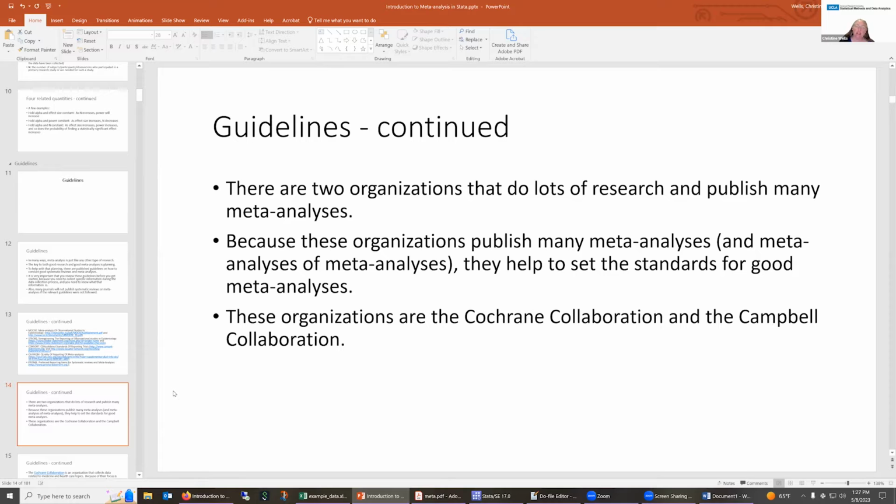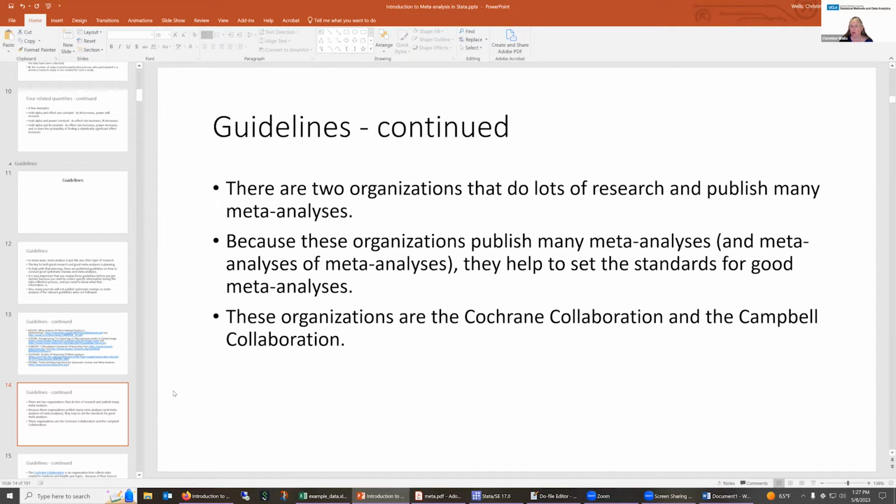There are two organizations that do lots of research and publish a lot of meta-analyses. We're going to go over those in just a second. Both the Cochrane and the Campbell Collaboration help to set the standards for good meta-analyses.